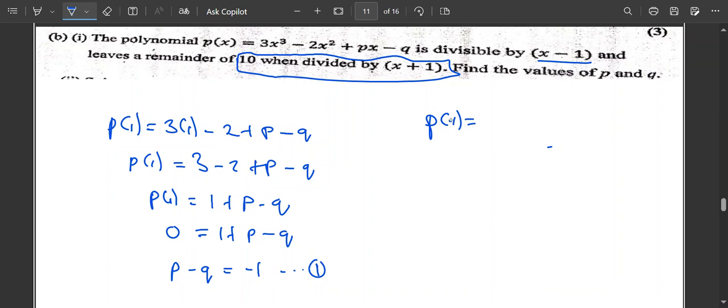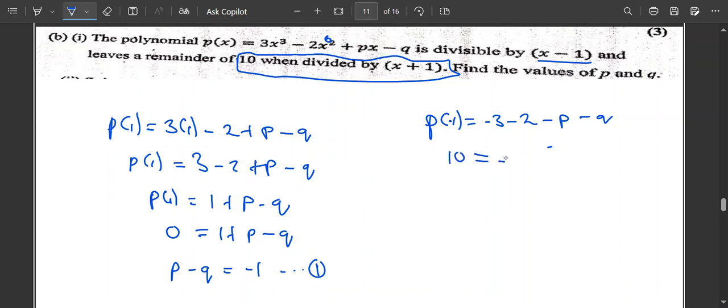Here it's odd, so it will produce negative 3. Then here the negative will be cancelled by the even power, so that will be just negative 2. Then here it will be negative P, then here it will be minus Q. So here they are saying it is leaving a remainder of 10. So I'll put 10 as the remainder.